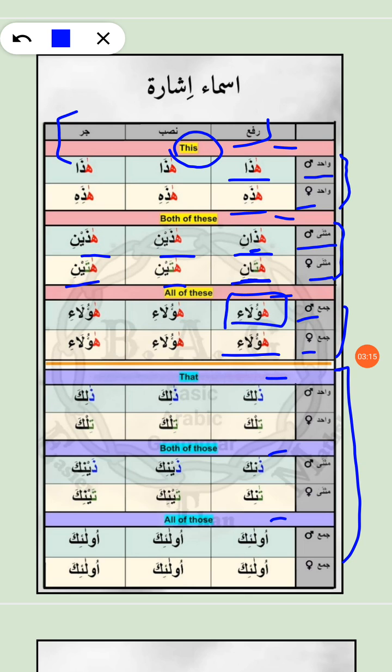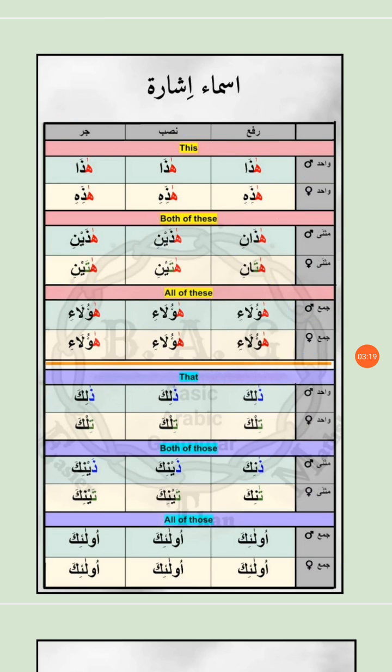Now one thing that I hope you have noticed here is that all the asma ishara that point towards the asma that are near, they all begin with ha sound. Haza, hazihi, haulai. So how can you remember this?